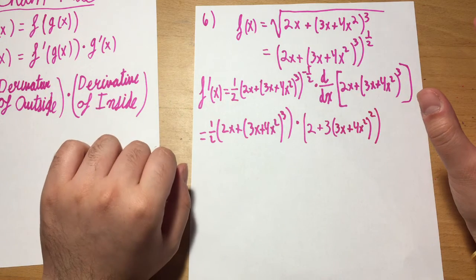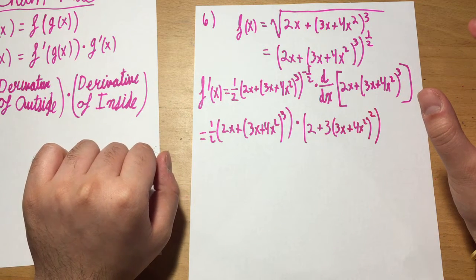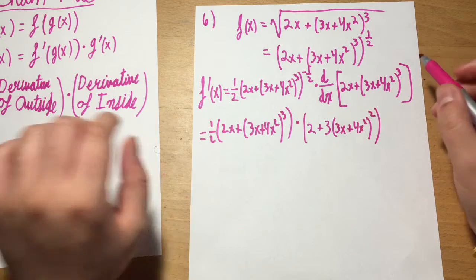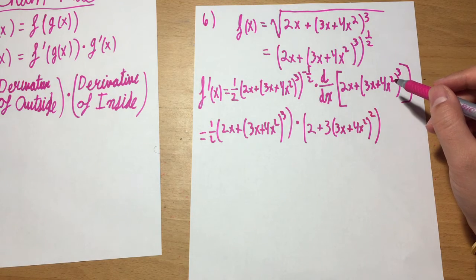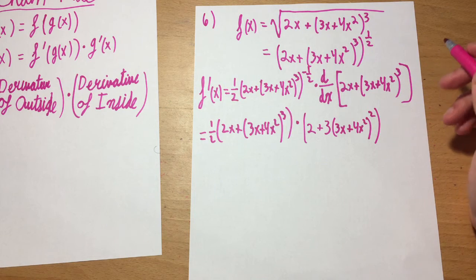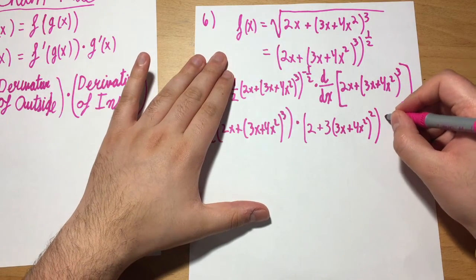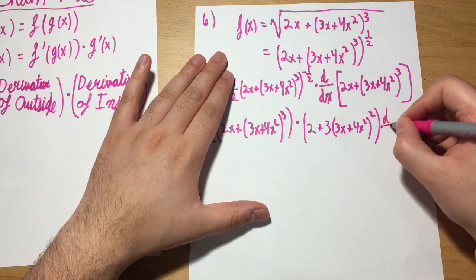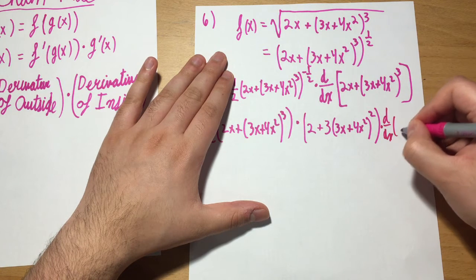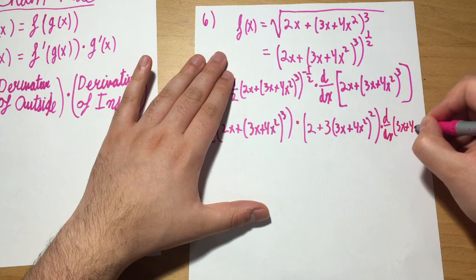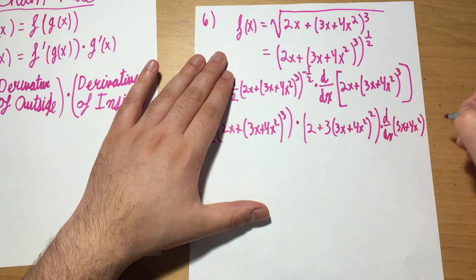Now we need to multiply by the inside portion, which is that 3x plus 4x squared. Okay, so that's going to look something like this. So that's going to be multiplied by d dx of 3x plus 4x squared.